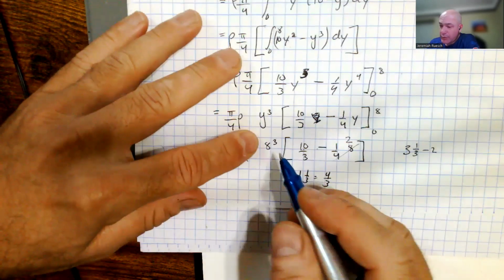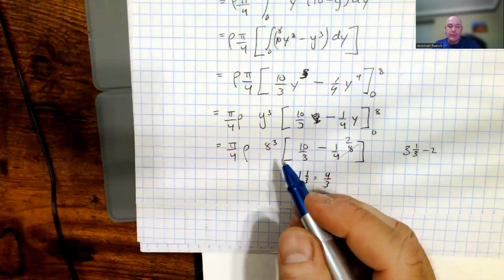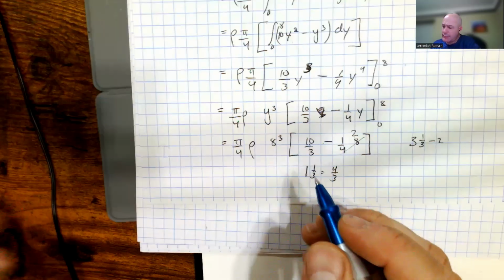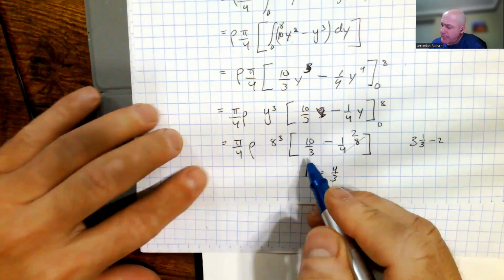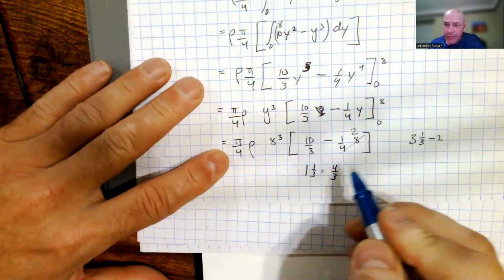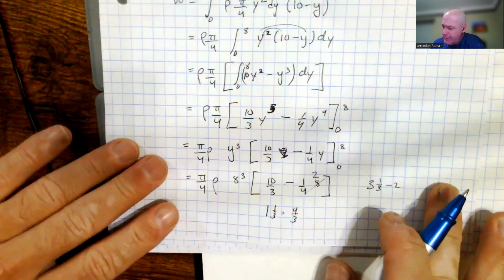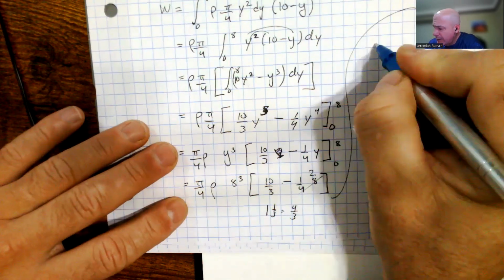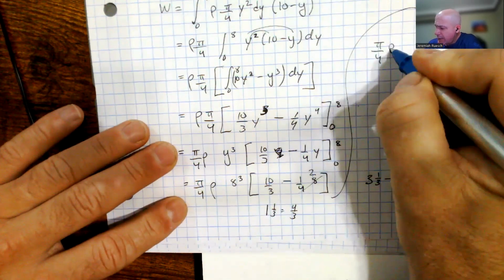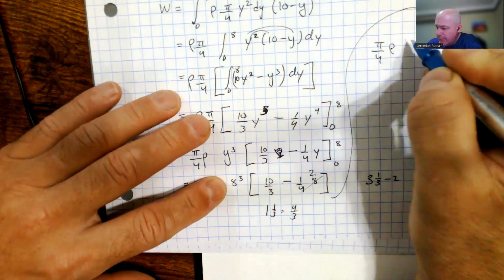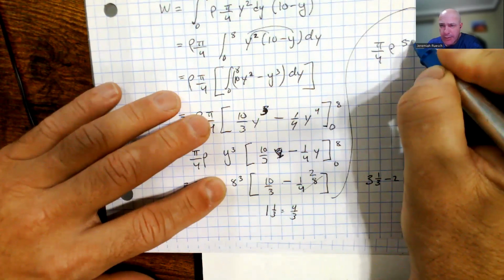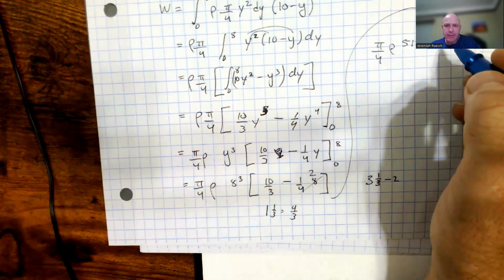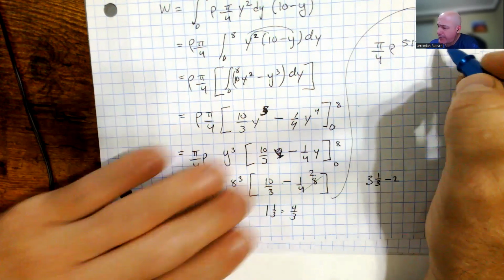So 8 cubed is, let me try to simplify this. Pi over 4 rho times 8 to the third is 512. Plugging it into the calculator, yes, 512.